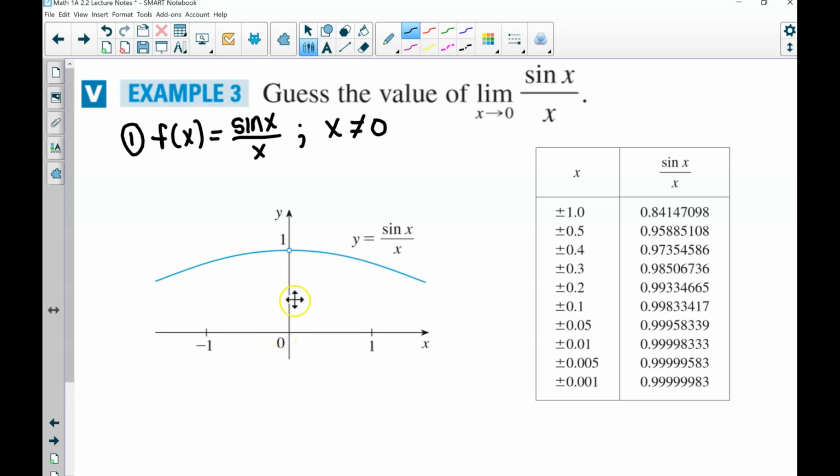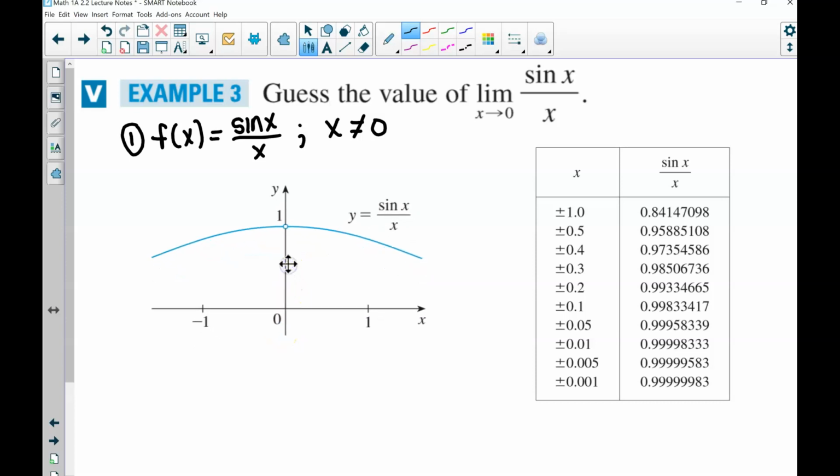Well, by looking at the graph, we can see that the limit as x approaches 0 of the function sine of x over x is equal to 1.